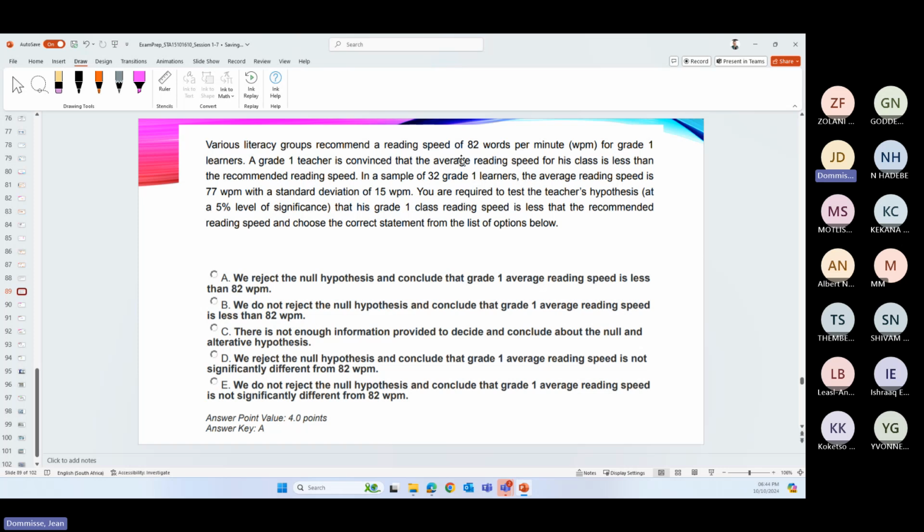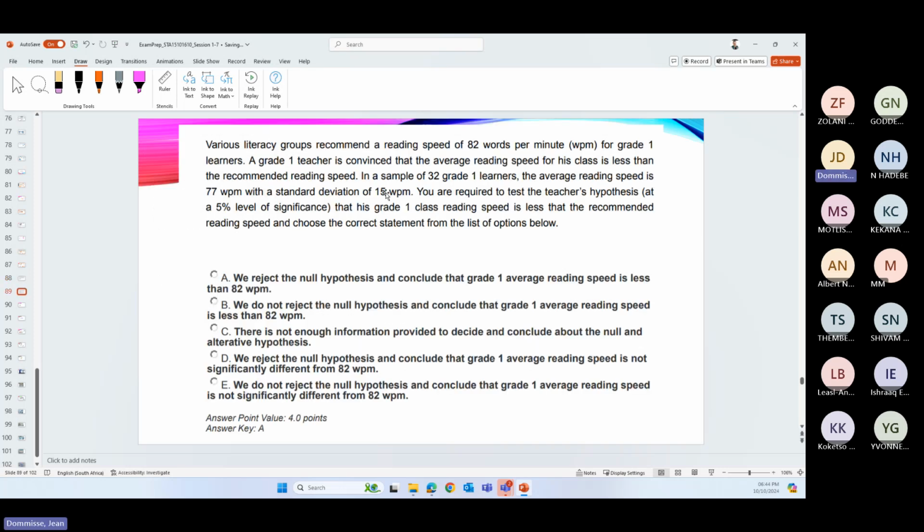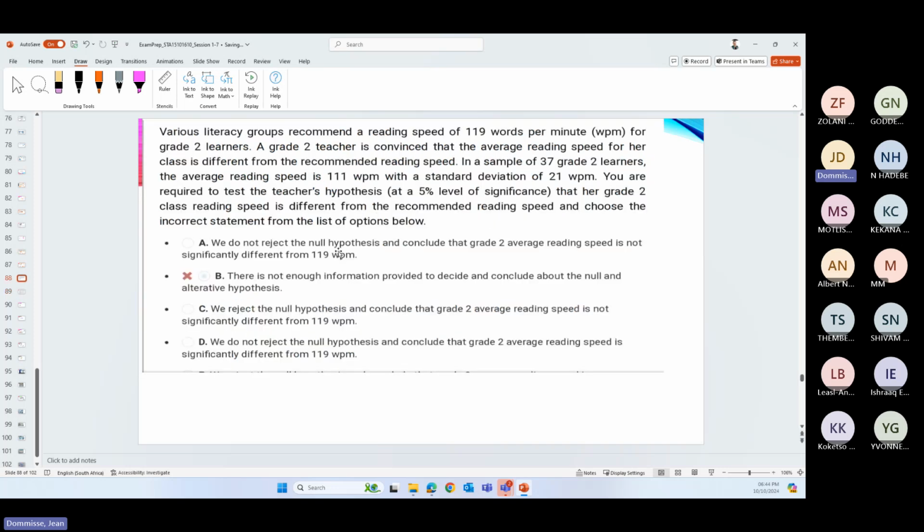And you can see now suddenly all that changed is a grade 1 teacher and not a grade 2 teacher, but basically sample sizes have changed a bit. The standard deviation with the speed is a bit different, but all the rest are very similar. So let's read it and then see what they want from us.